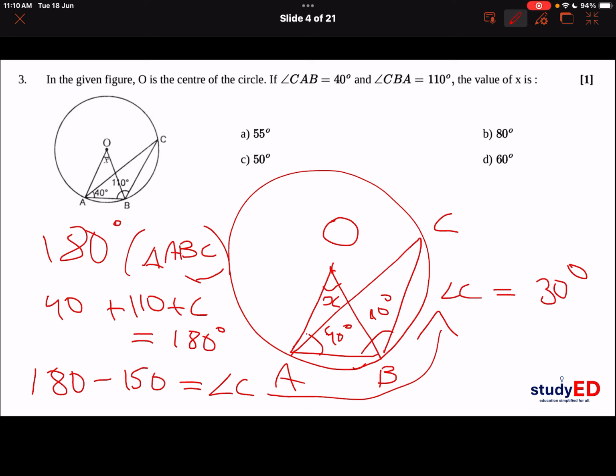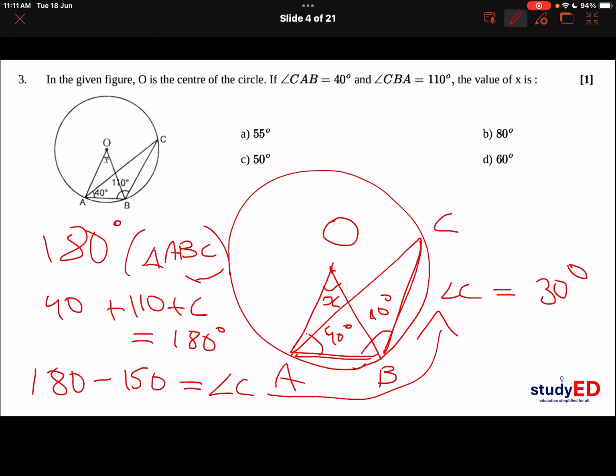Now, as we know, AB is a chord of the circle. The angle made by the chord at the center is twice the angle made by it at any point on the circumference. So the angle that this chord AB makes at the center is twice the angle made by it at any point on the circumference, and the angle at the center is x.